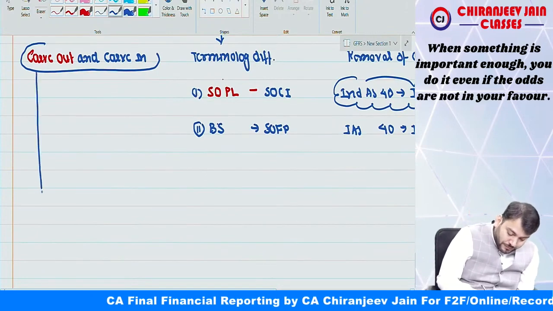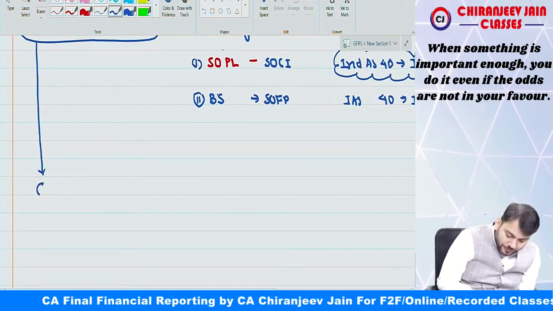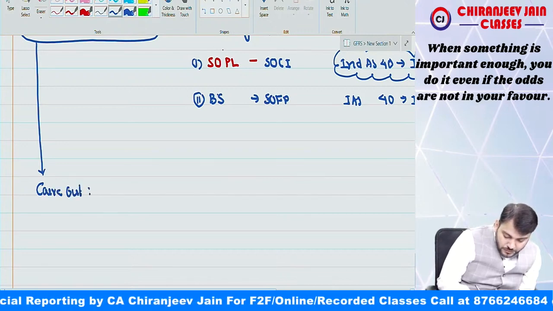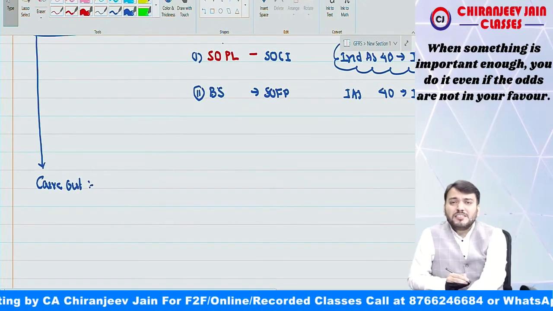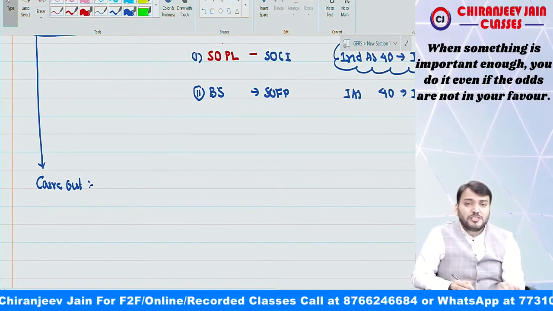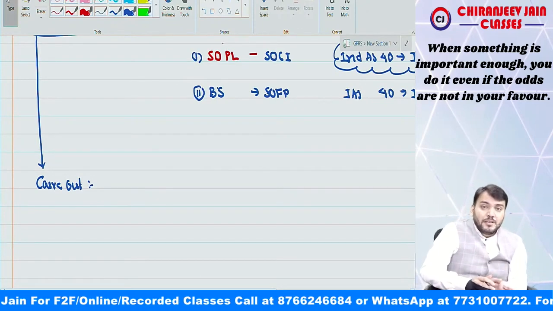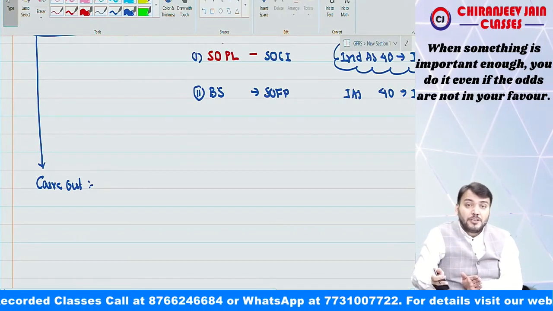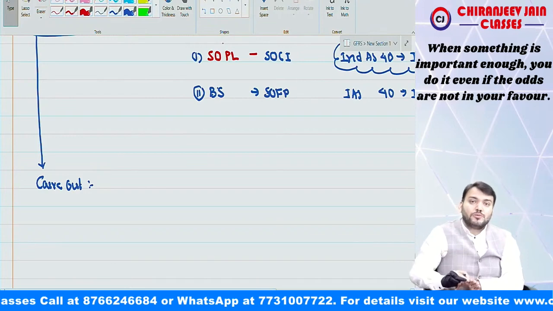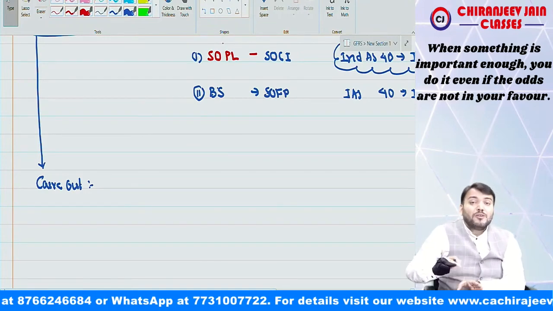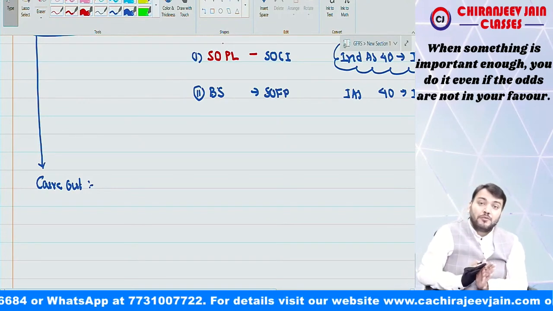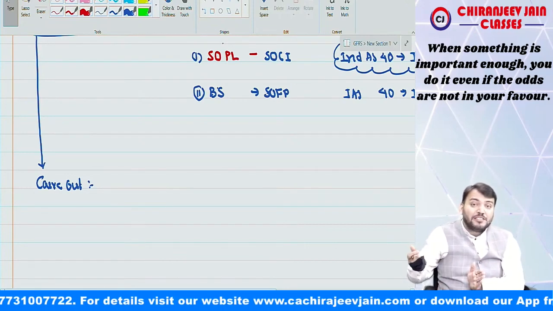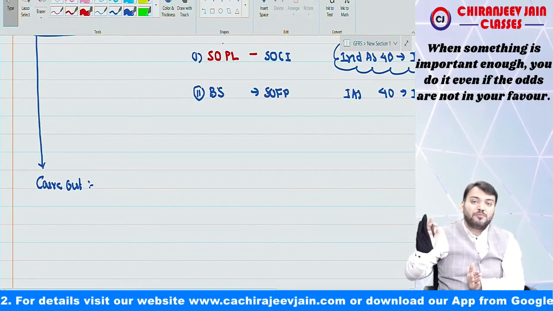So just write down what is carve out. What is carve out? Means there are many accounting policies which have been adopted in India which are different from the accounting treatment given in IAS and IFRS, and this difference is due to the economic condition prevailing in India, which is different from the economic condition based on which IFRS has been formulated.